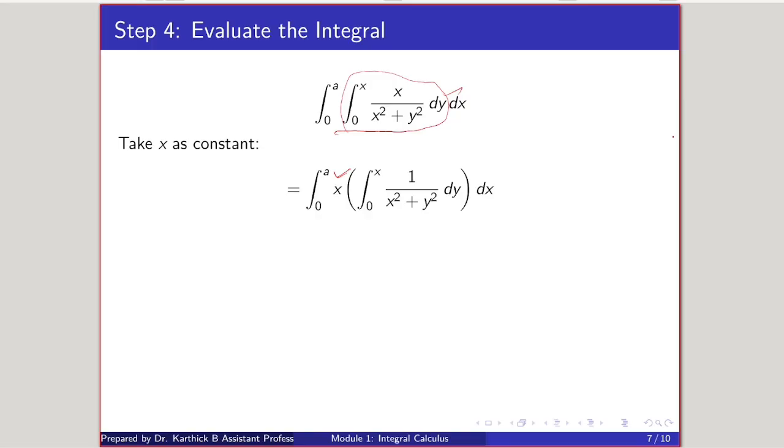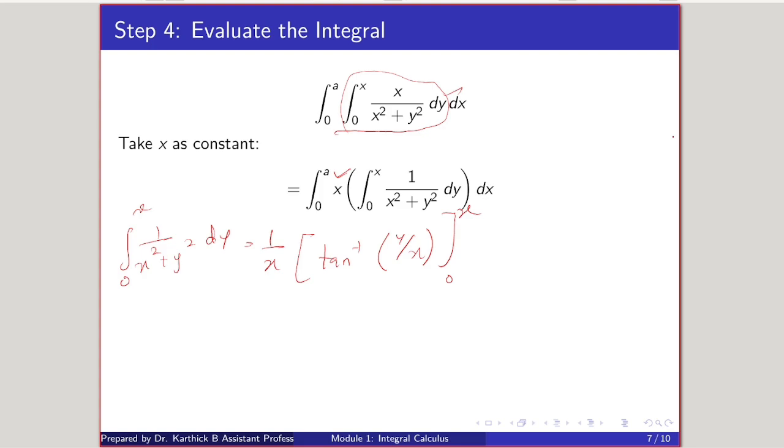And we know that the integral of 1 by x square plus y square dy will be 1 by x tan inverse of y by x. Since we can use this formula, of course it has the limit 0 to x, and we may substitute the limits as 0 to x.